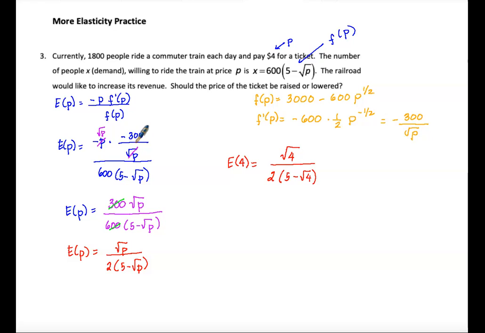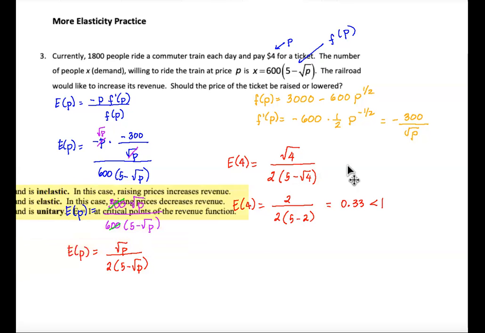So what do we get here? E of 4 would be equal to 2 over 2 times (5 minus 2), since the square root of 4 is 2. So this gives us 0.33. That's 1/3. So 0.33 is less than 1.